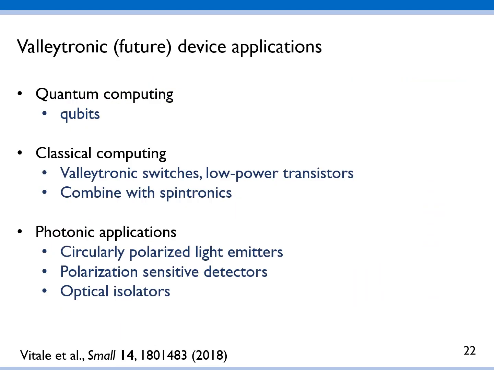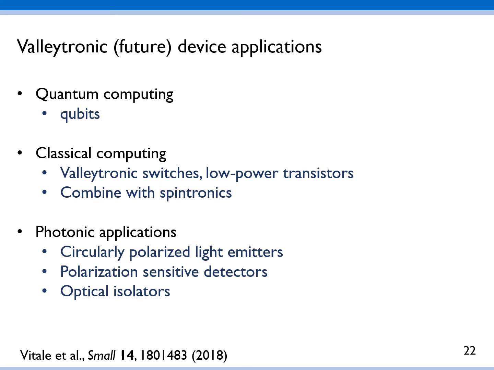Next, I will talk about the future device applications of valleytronics and what valleytronic properties we need to make those devices work in the future. So there are no devices using valleytronics on the market as of yet, but there are ideas what valleytronic physics could be used for. And the first idea is quantum computing. You could build valleytronic qubits, where you make use of the valley degree of freedom and the spin degree of freedom.